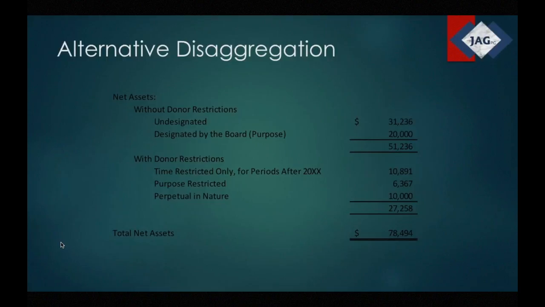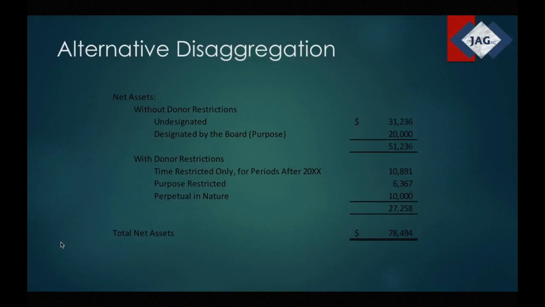The second part of this is with donor restrictions, of which you can show, for instance, some that is time restricted for periods after a certain year. Other parts are purpose restricted, and other parts are perpetual in nature. So basically, you're allowed to say, with donor restrictions, part of it is based on time, part is based on purpose, and part is based upon the fact that the principal can't be touched.